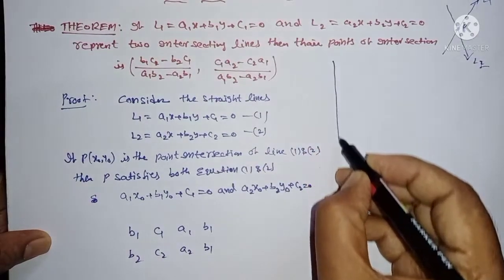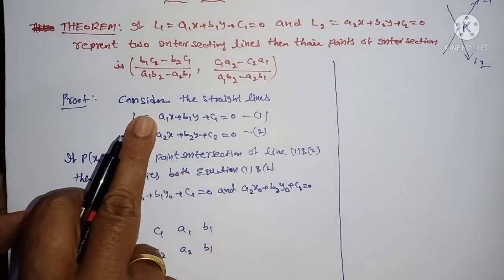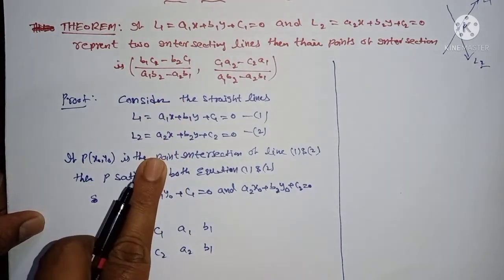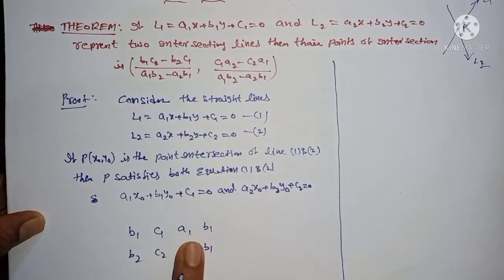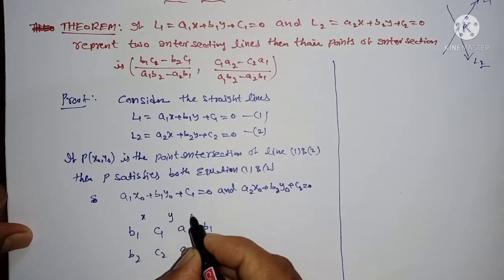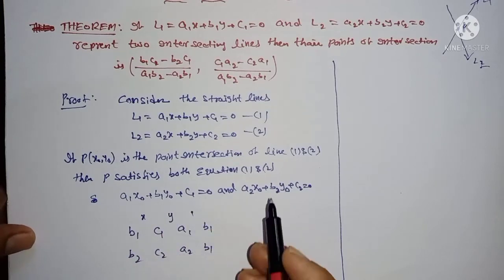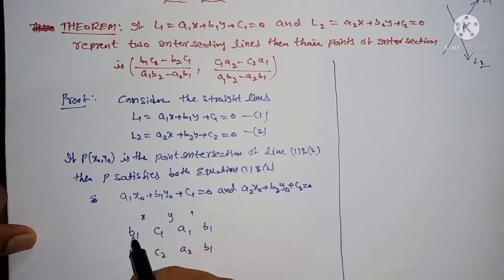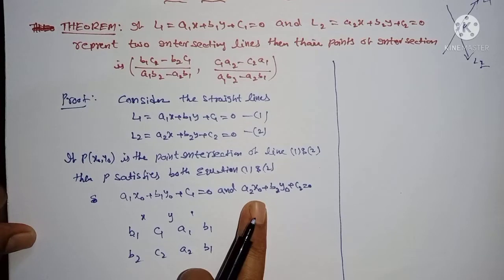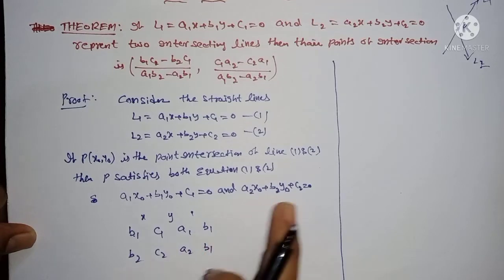Otherwise you can multiply both equations by A2 and A1 so that x cancels, and you get the answer for y. This method is also easy, but the cross multiplication method is very important. Once again listen: the y0 coefficient is B1, C1, A1, B1 as it is, and the second equation B2, C2, A2, B2.